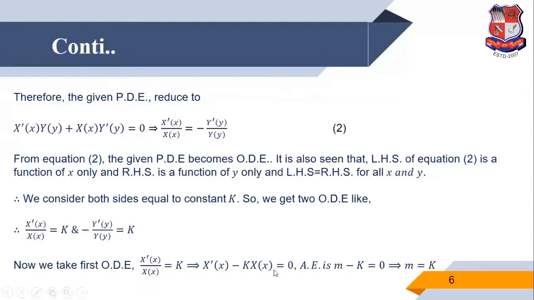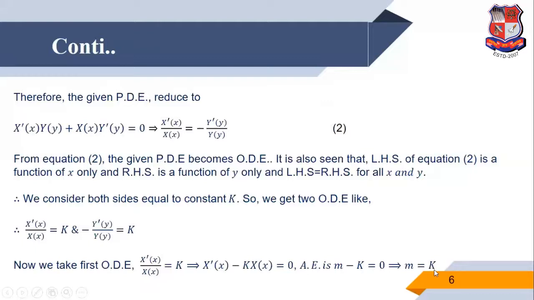And this is a first order ordinary differential equation. We know how to solve it. So suppose we consider the auxiliary equation of this ordinary differential equation. So we replace X' with m: m - k = 0, so m = k.